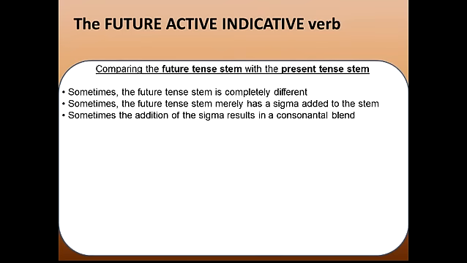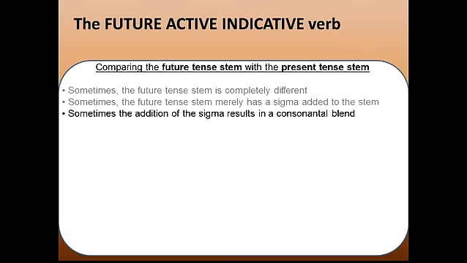Sometimes when that sigma is added to the stem, there's a consonantal blend that results. This happens when the final letter in the first principal part stem is a consonant in one of three categories.